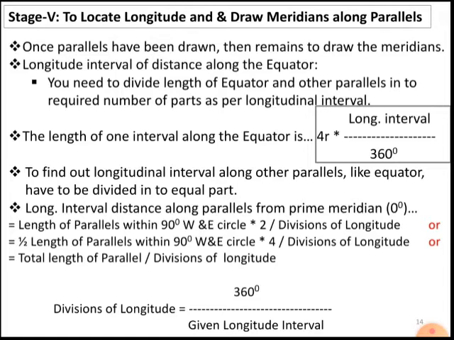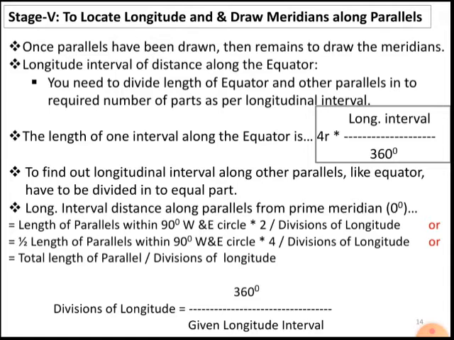For example, the 30° longitude interval is given in your example. So if you divide 360 by 30, you will have one figure, and that figure is nothing but the interval of divisions, right? So for example, 360 divided by 30 is 12.